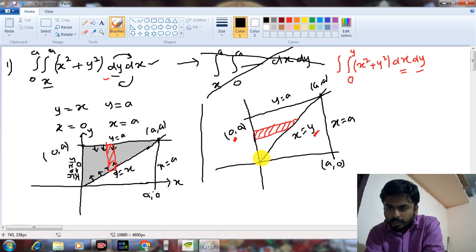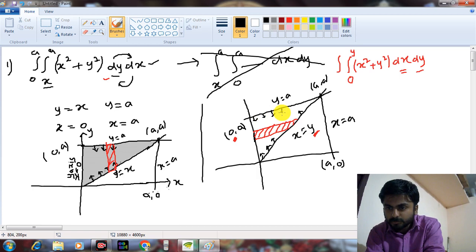The region is existing from here. This is the lower limit, as we have seen already, and this is the upper limit of y.